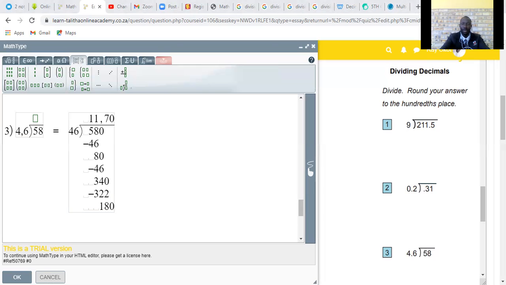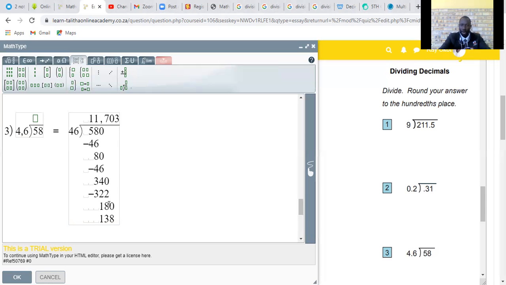How many times will 46 go in? It will go 3 times. Well, let's check. That is 46 times 3. What do we get for that? Well, we get 138.